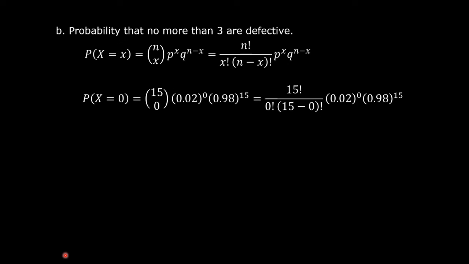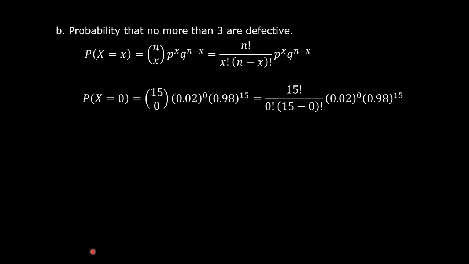So we have now the probability that x is 0 is equal to 15 choose 0 times 0.02 raised to 0 times 0.98 raised to 15, which is equal to 15 factorial over 0 factorial times 15 minus 0 factorial times 0.02 raised to 0 times 0.98 raised to 15.